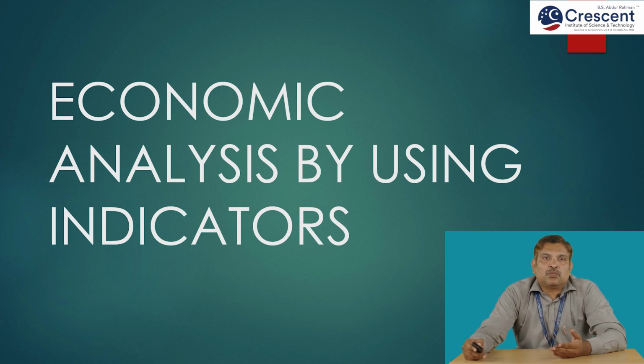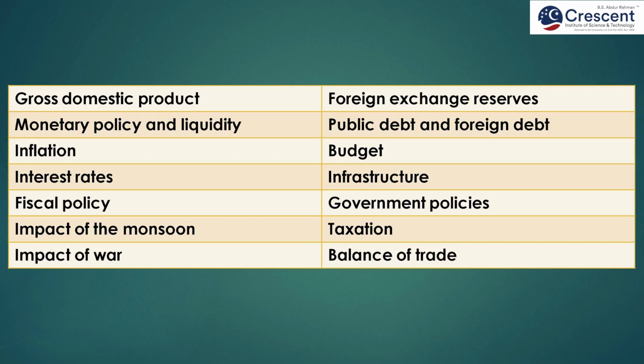The tools used for economic analysis are as follows: gross domestic product, monetary policy and liquidity, inflation, interest rate, fiscal policy, impact of the monsoon, impact of war, foreign exchange reserves, public debt and the foreign debt, budget, infrastructure, government policies, taxation and balance of trade.